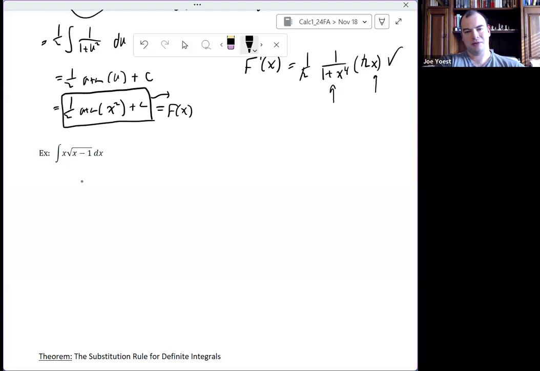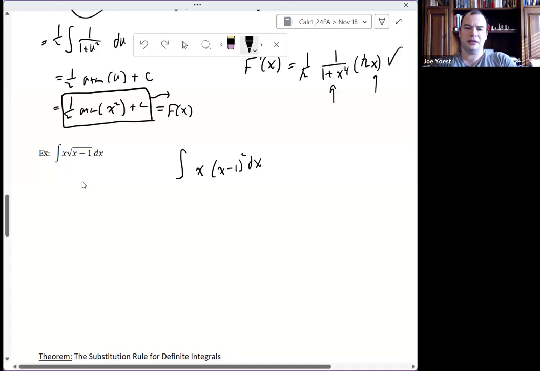Let's just say, for instance, that instead of this, if I had square root of x times x minus 1 squared dx, this might be a bit of a pain to do, a bit of an algebra hassle, but I just multiply out x minus 1 squared, multiply x against all those terms, and then integrate term by term. Like I could do this just fine. This is easy. It might be tedious, but it's easy, right? It's not theoretically complex. It's not difficult. I can easily see the strategy to get through this problem. So it's really the fact that I have the square root of x minus 1.